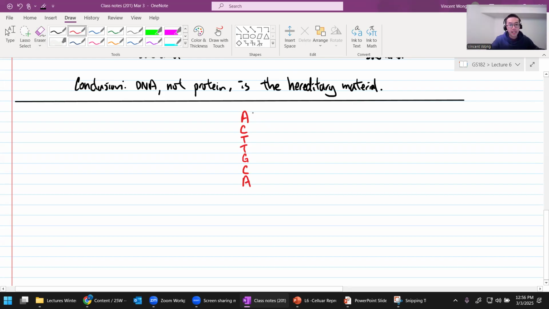A pairs with T and C pairs with G. Very good. So using this base pairing rule, I can essentially figure out the missing half. So this is going to be the parent DNA in the parent cell. Parent is not like your parents necessarily. Parent is like the original cell that is about to divide.